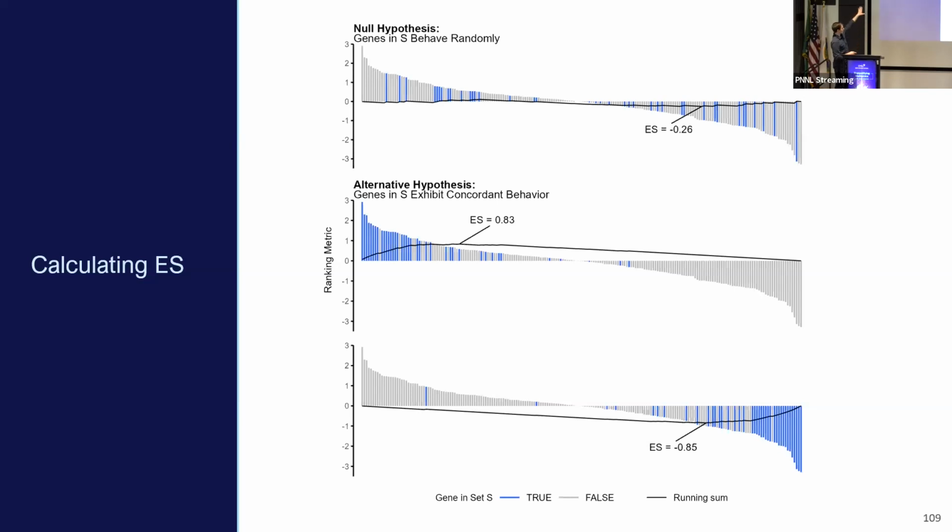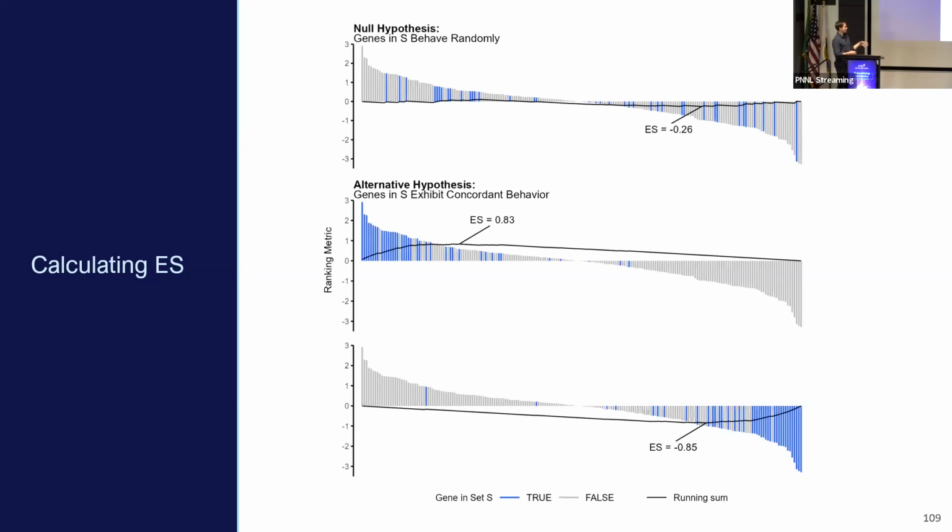I should explain that first. This plot is showing the y-axis would be whatever statistic you have. And then the x-axis would be the rank of that gene. So we rank them from highest to lowest. And this is what the input into this method looks like. So here's an example where they're randomly distributed throughout, so not much is really going on.